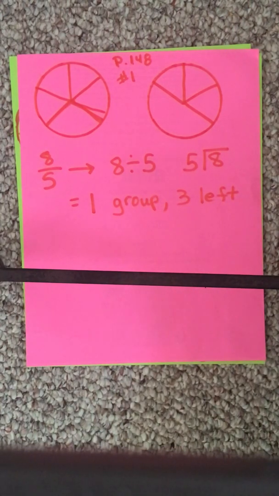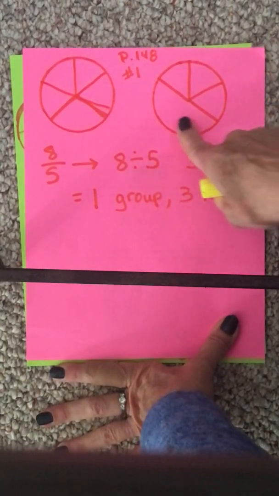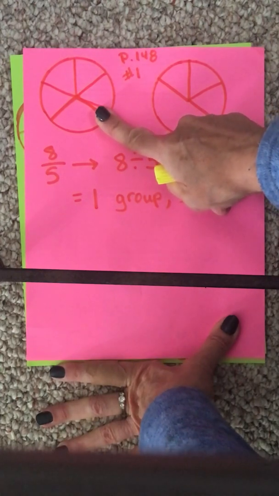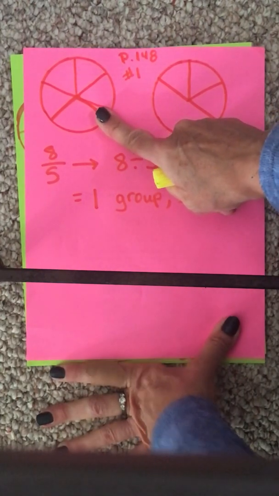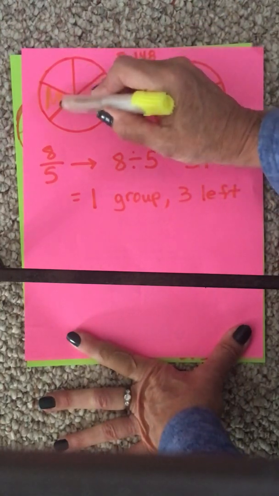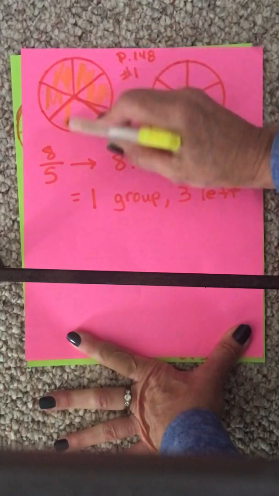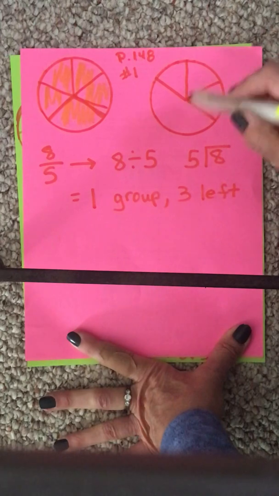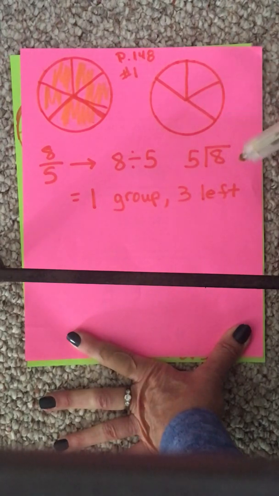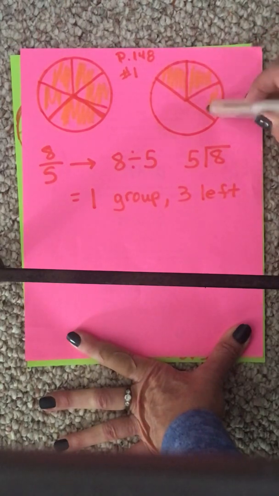You could do that as a division problem, but I also want to show you with some pictures what that actually means. So here you see I have pies with 5 pieces in them, and we need to count 8 of them. If I'm looking at this first pie, I've got 1, 2, 3, 4, 5, and then I'm going to go on to my second pie, which is broken into fifths, 6, 7, 8.